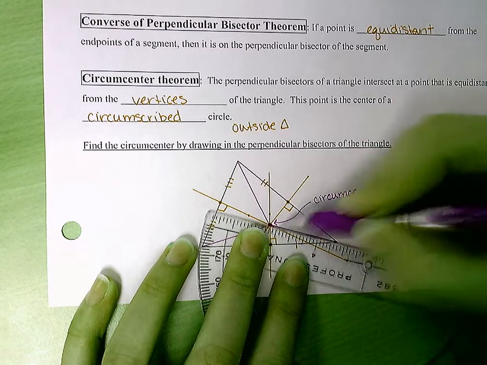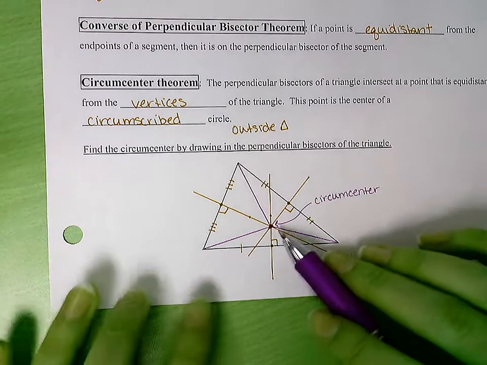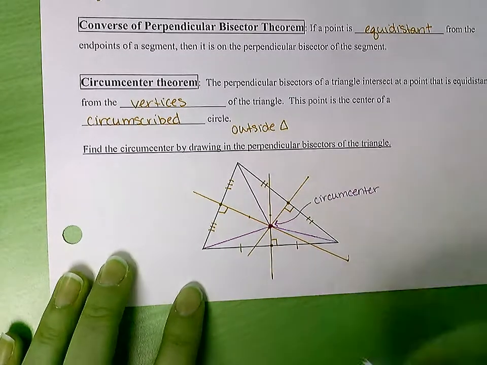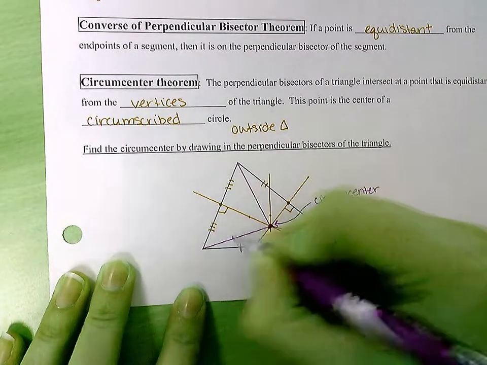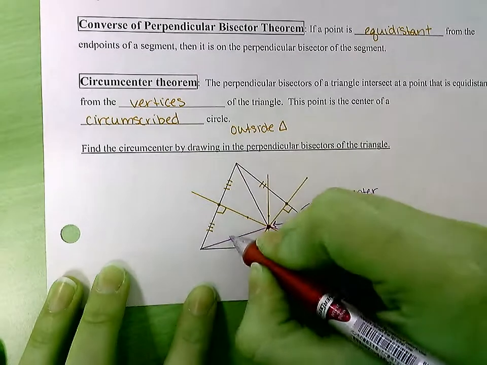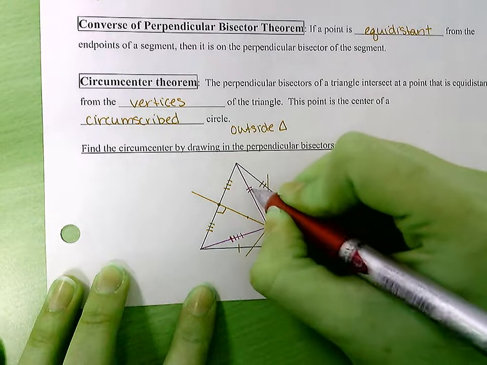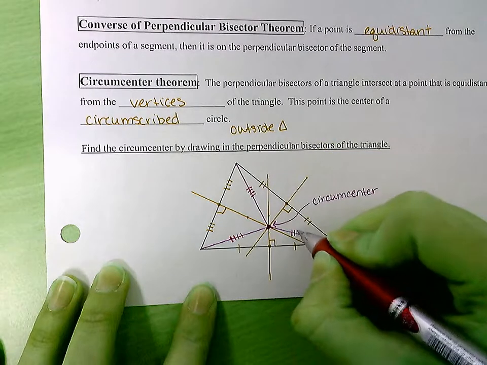All three of those segments are going to be congruent to each other. So from your circumcenter to each of those vertices, each of those segments are congruent.